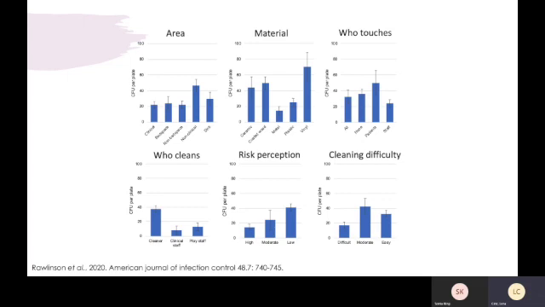So then looking at the actual results, if we look at the top left first, looking at area, the highest counts of bacterial cells that we found were in the non-clinical areas. These were areas like the reception area and play areas. But there was still quite a lot of variability amongst most of our samples.